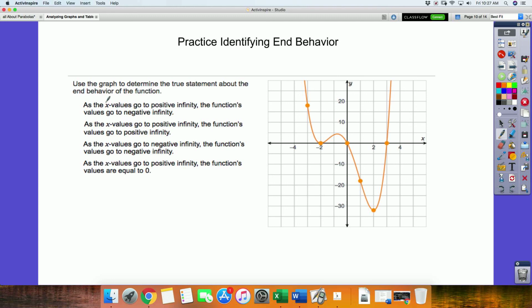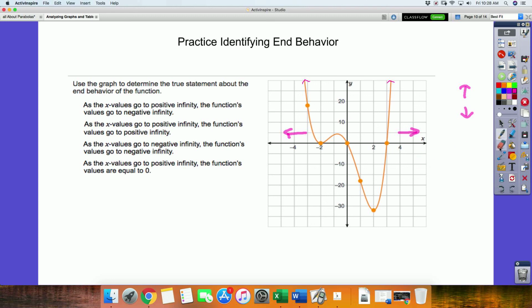So let's look at this graph. We're going to pretend that there's arrows here, because there really should be. So I'm going to look both as my x's are getting smaller and as my x's are getting bigger. And we want to know what's going on with my y's. Are my y's getting bigger, or are they getting smaller?